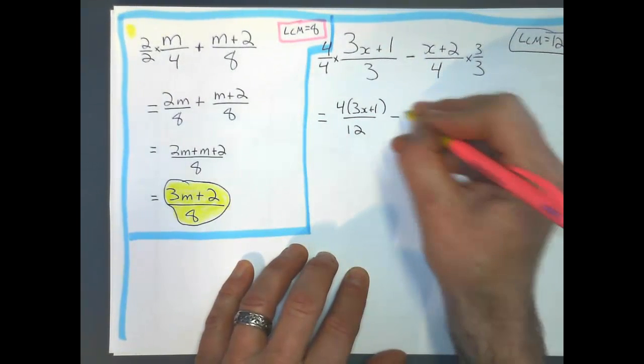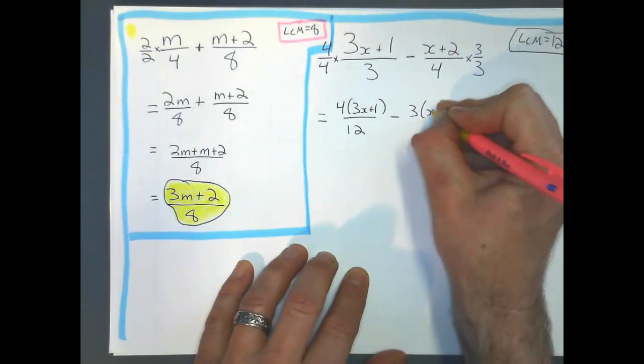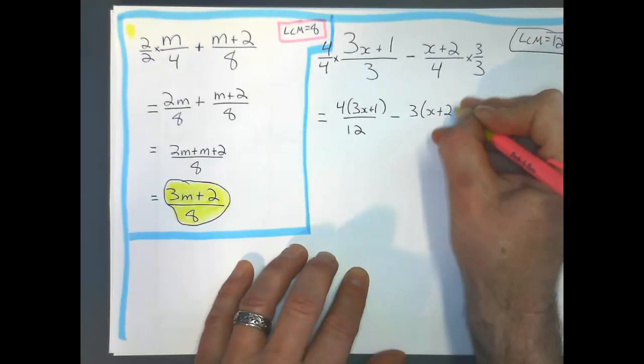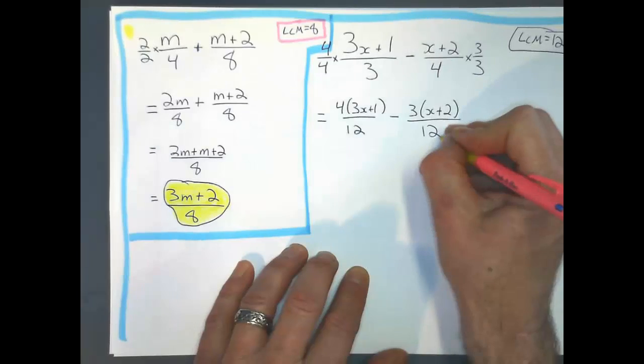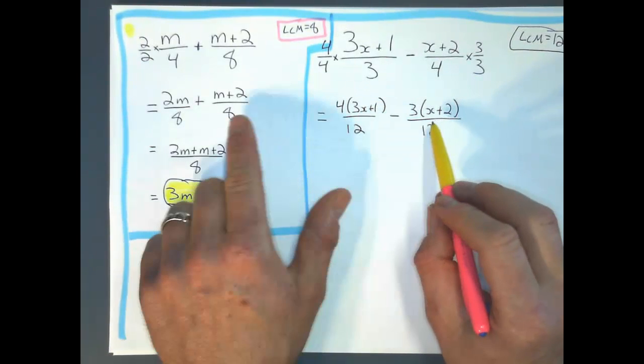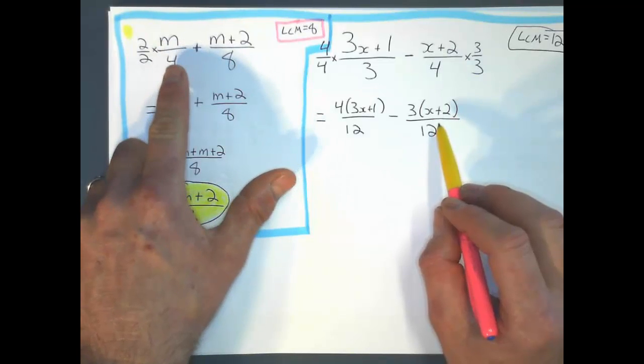Minus, and everything over here has to get multiplied by 3, so I put that part in brackets too, all over 12. That bracket part is an important step. I didn't have to do that before because I just multiplied 2 times m, so I don't need brackets there.